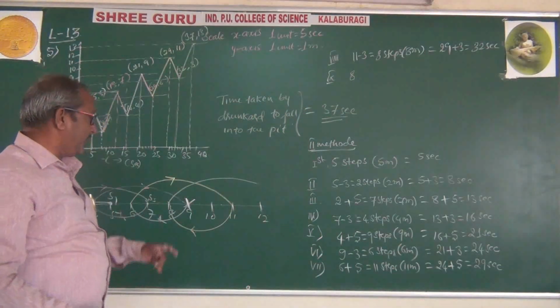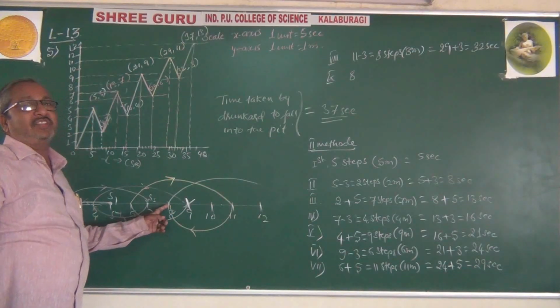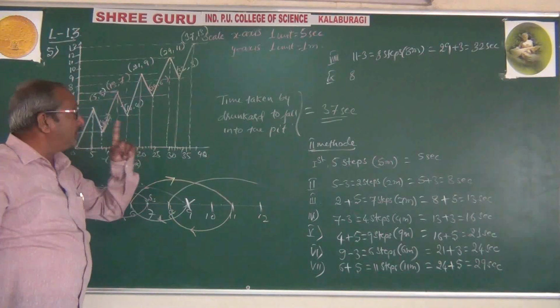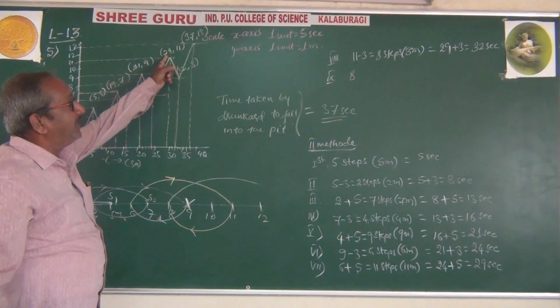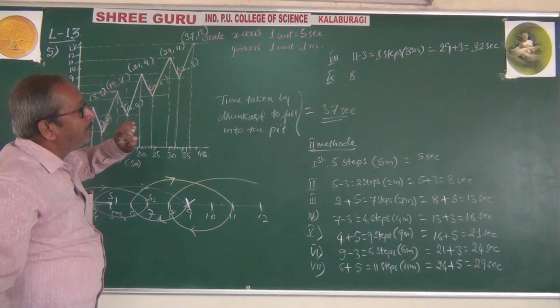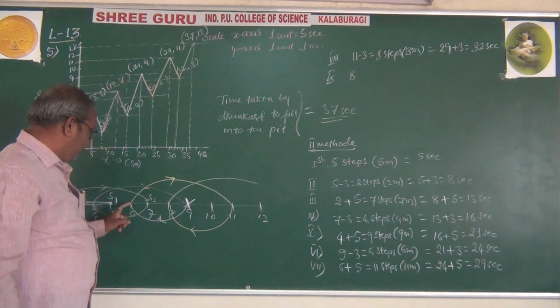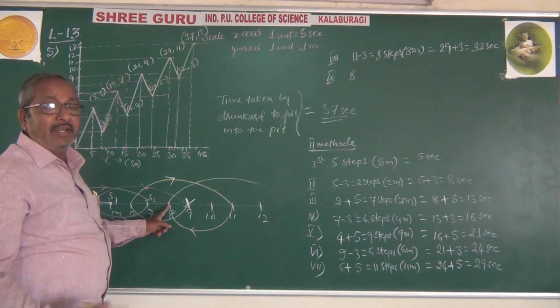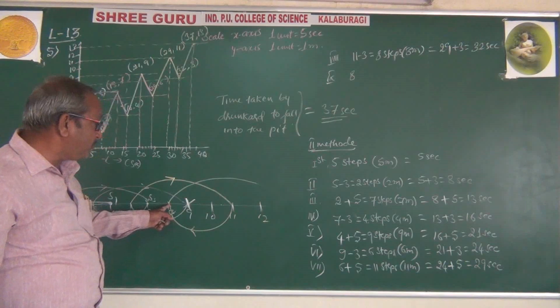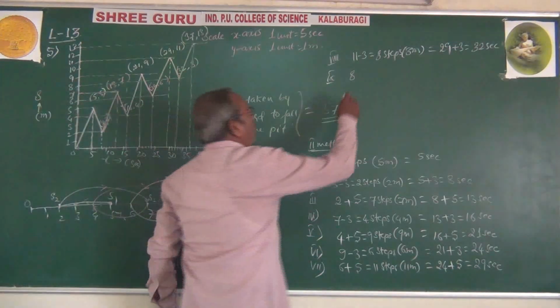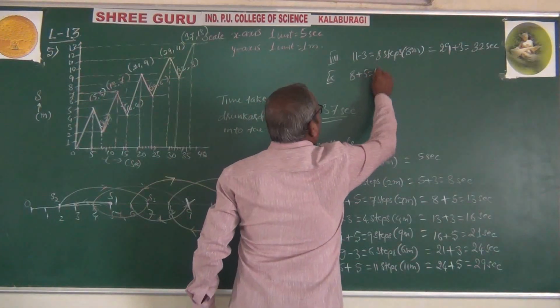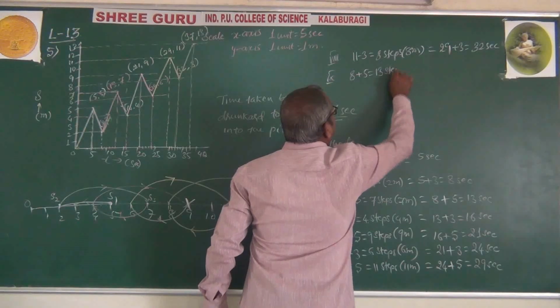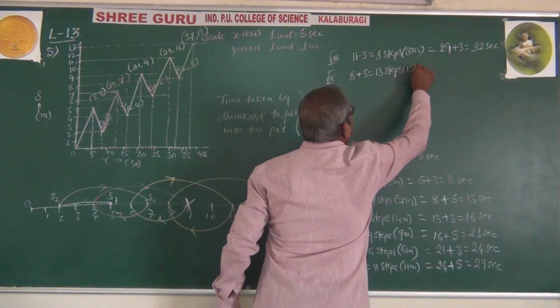He is at the 8th meter position after 29 seconds. After 3 steps back, 8th meter position. Then what should happen? 5 steps forward, 5 steps. 8 plus 5 equal to how much? 13 steps. 13 steps is nothing but 13 meter.